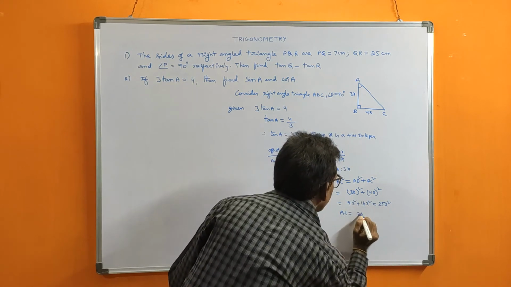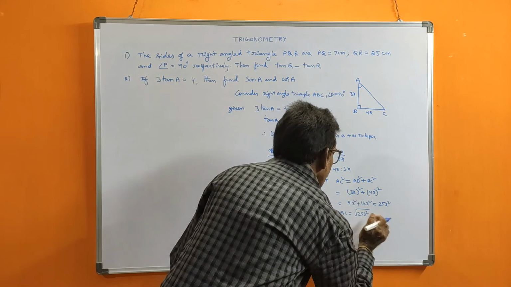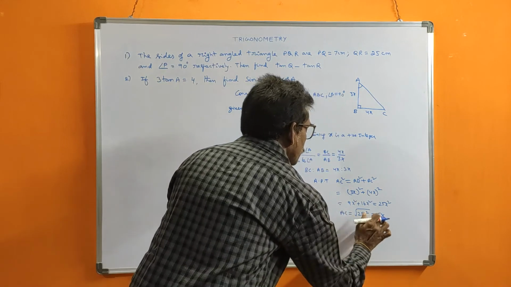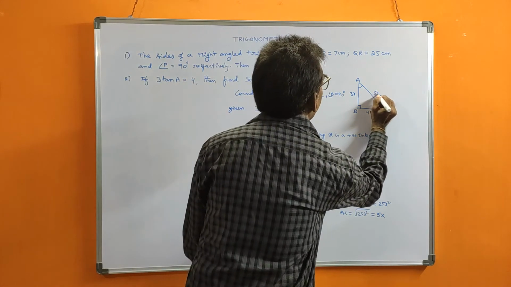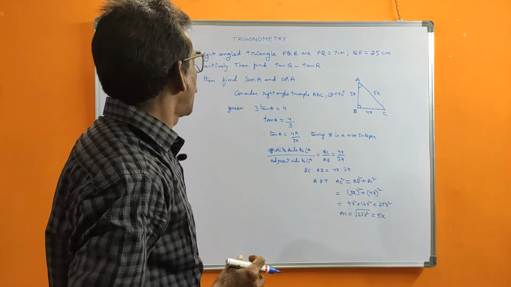AC is the square root of that, so AC is 5x.